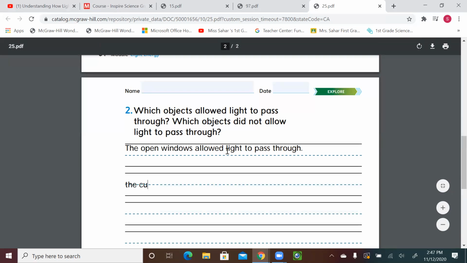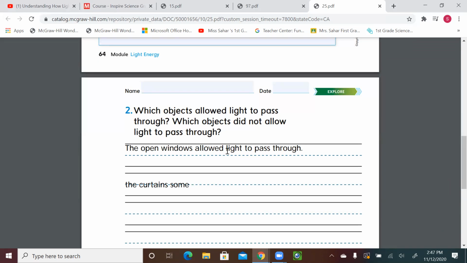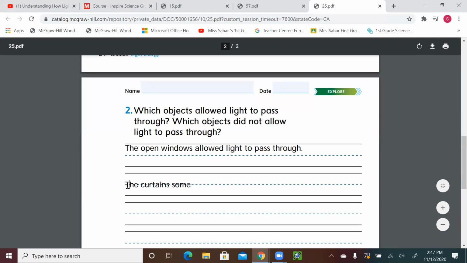The curtains will allow some lights, remember? So the curtains allow some lights to pass through.